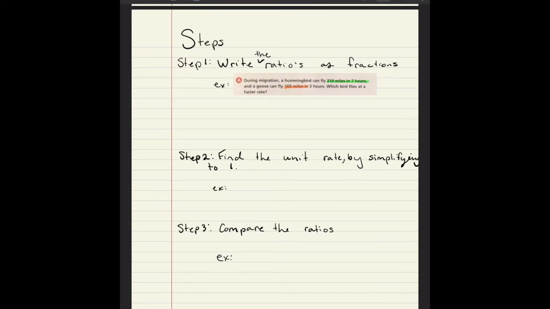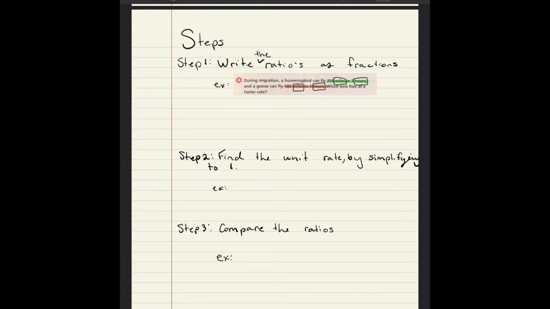And then for the goose, it's 165 miles in 3 hours. So we're comparing the miles to hours again. Remember, rate just means you're going to have a ratio with different units. So we have different units here because we're comparing miles to hours. So that's why it's not just a ratio, it's a rate.